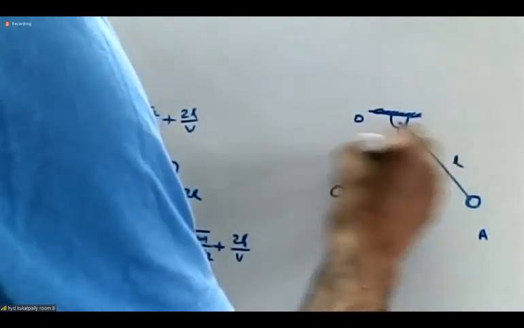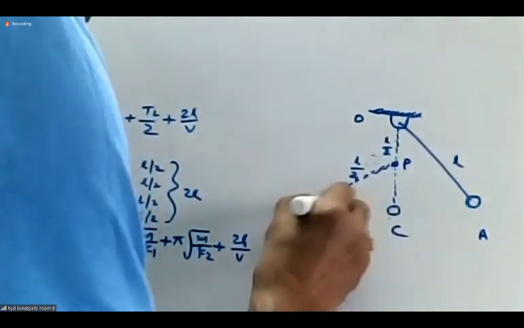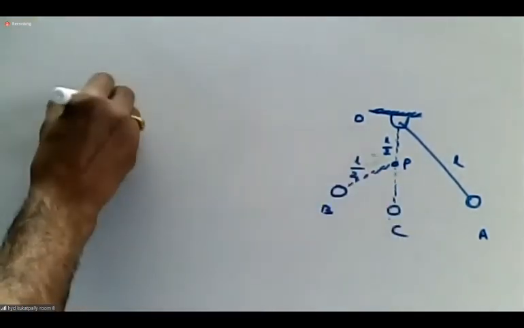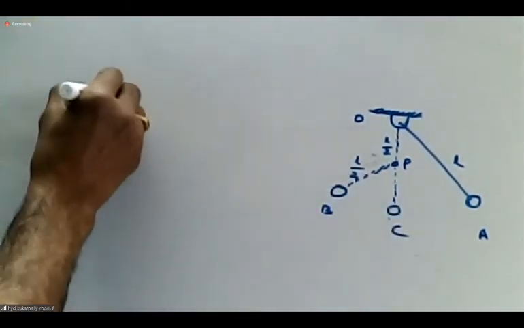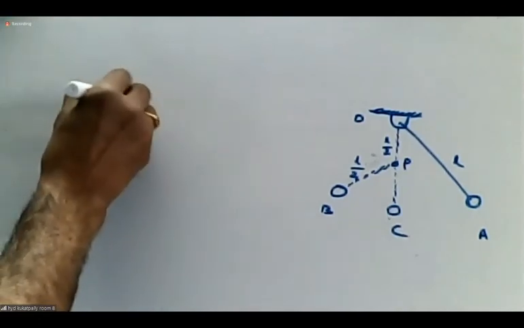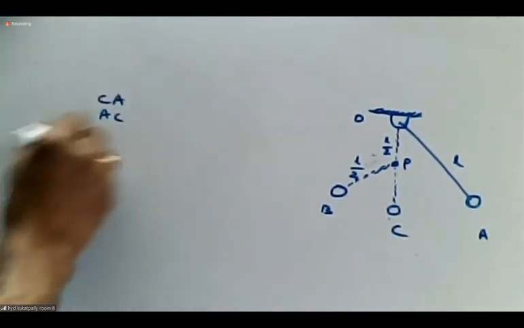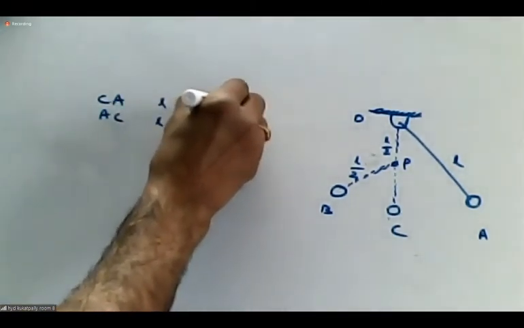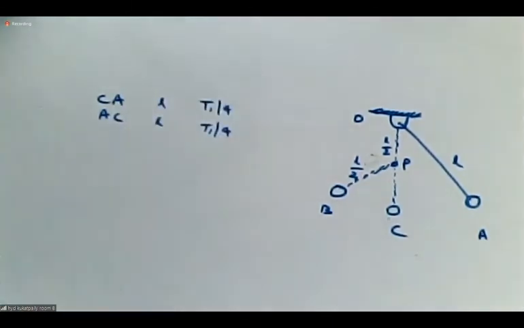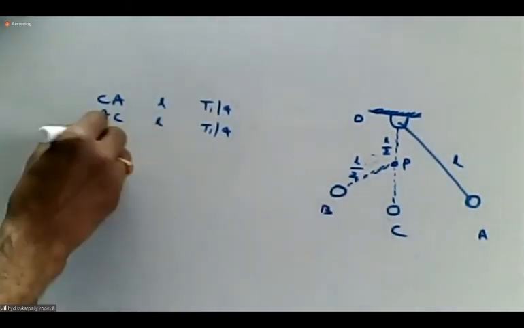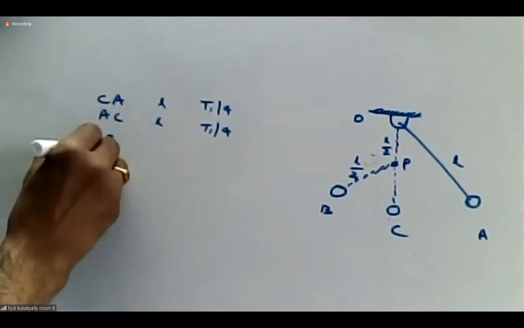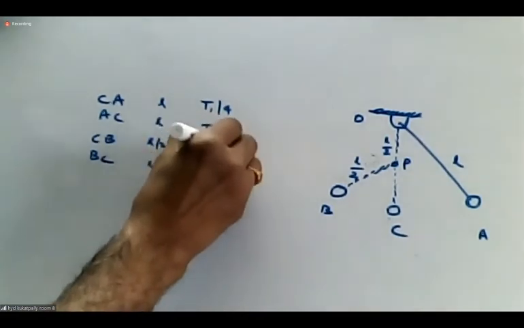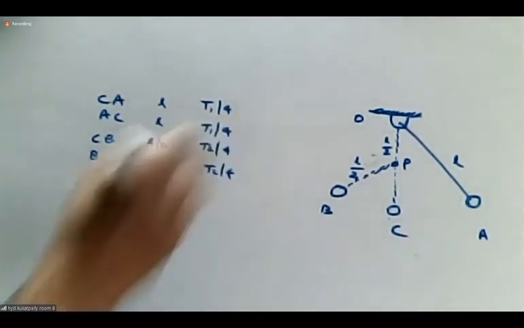So time period of oscillation, if asked, is A to C to A first, C to A to C, length L will oscillate. So time period T1 by 4, T1 by 4. Then C to B, B to C, L by 2 length only will oscillate. So time period T2 by 4, T2 by 4.